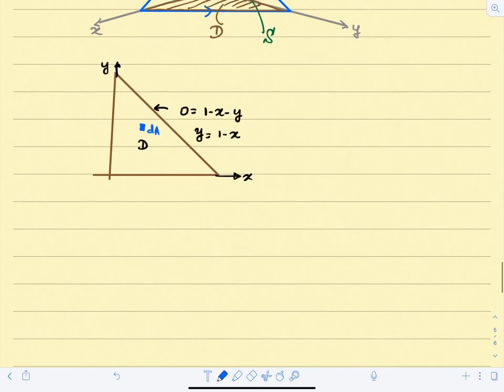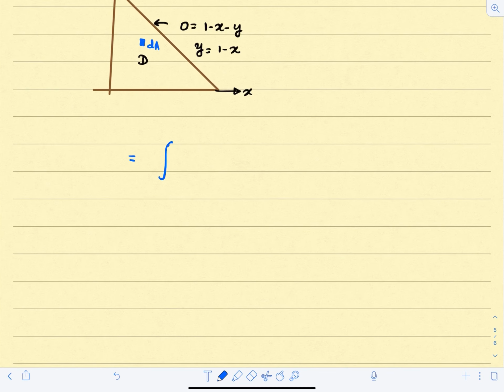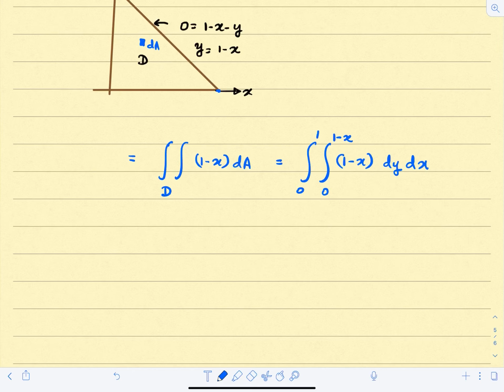Now this double integral of 1 minus x dA over the domain D equals the integral of 1 minus x times dy dx, or dx dy. Usually I choose dy dx. Y goes from 0 to 1 minus x. X goes from 0 to 1.